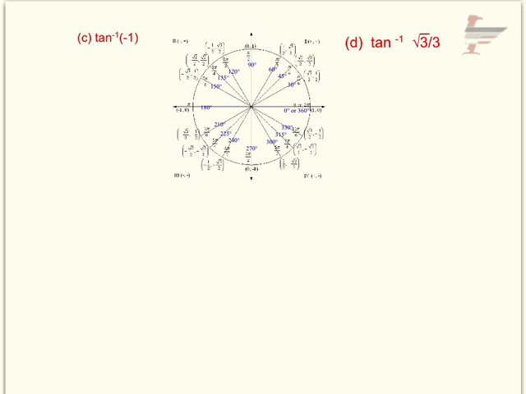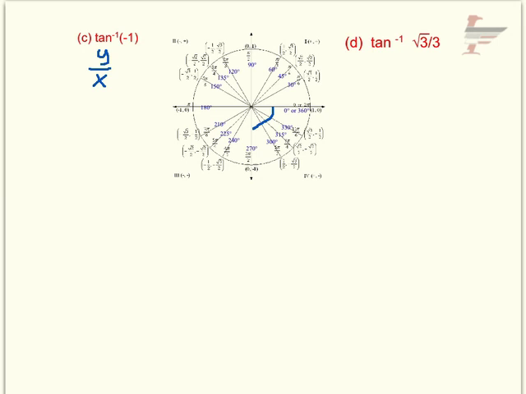All right, last but not least, we'll deal with some tangent here. So C says, where is the tangent equal to negative 1? Okay, so tangent is y over x, and it's restricted to the first or fourth quadrant. But I know that it's negative. Well, y divided by x is not going to be negative in the first quadrant, but it will in the fourth, so I'm going to erase that. And now I know that I'm somewhere down here. If you have your tangent values memorized, awesome. If not, tangent is y divided by x.